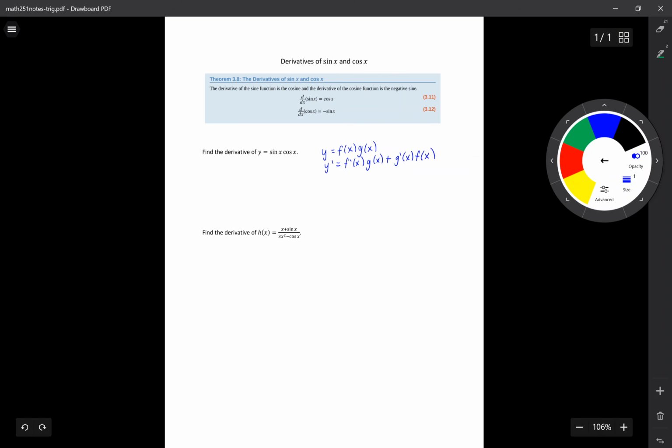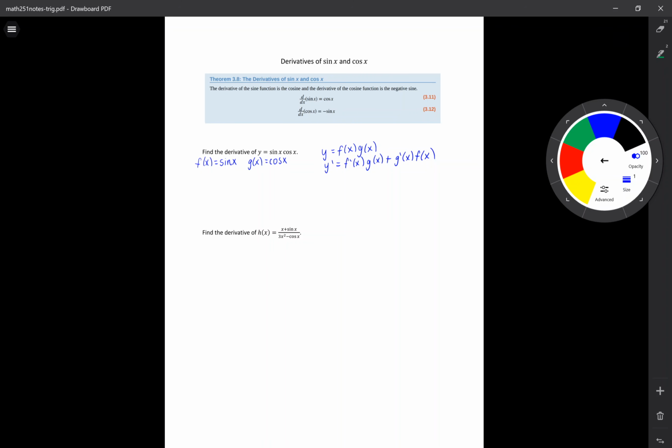This is the product rule, which we learned a few lessons ago, and we'll be using that here. So let's go ahead and label our two functions here. I'm going to call f of x sine of x, and I'm going to label g of x cosine of x.